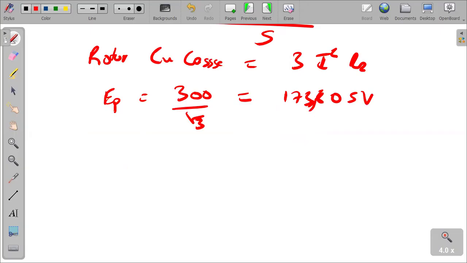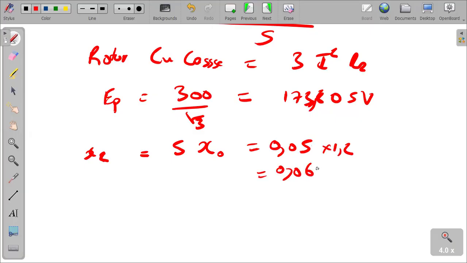Then X2 is equal to S, the slip, multiplied by X naught, the open circuit reactance, which is equal to 0.05 multiplied by 1.2, which is equal to 0.06 ohms.